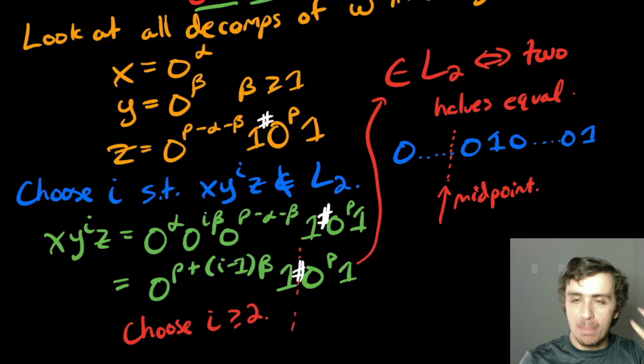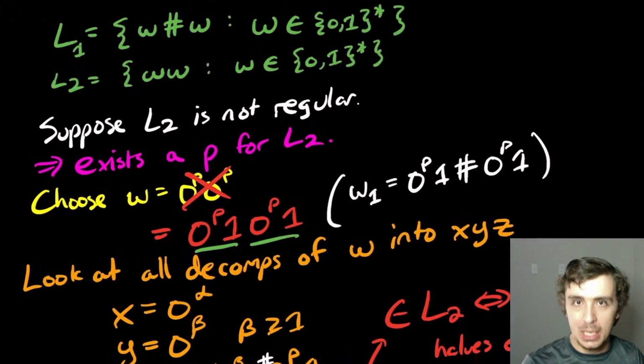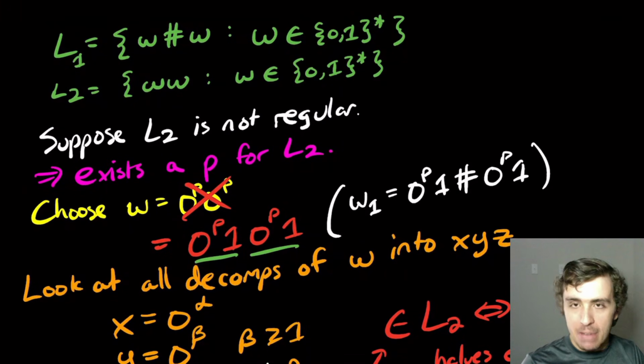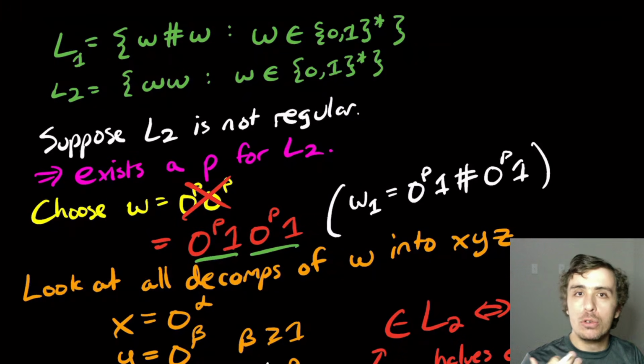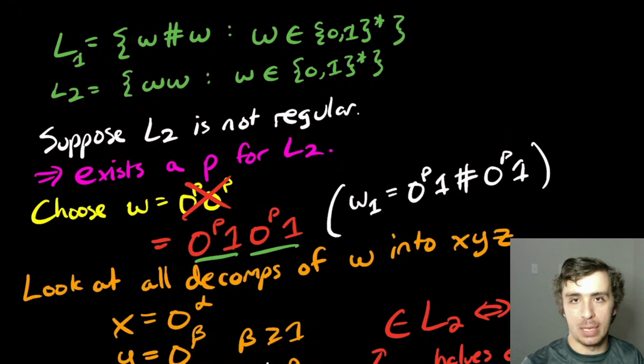So it's a little bit more illustrative of where the midpoint actually is. But the languages are very, very similar in that you can prove that both are not regular using just one proof and adapting it for the other language. So here we have shown that these two languages are not regular.